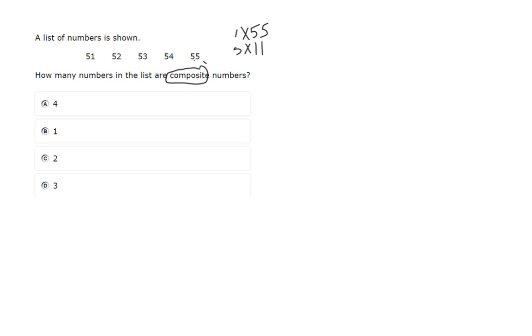So we know that 55 counts. So I'm just going to go ahead and put 55 down. Oops, sorry. I'll go ahead and undo this. Then I'll do my right tool. Okay, there we go. 55 counts. Okay, let's see how many more we have.